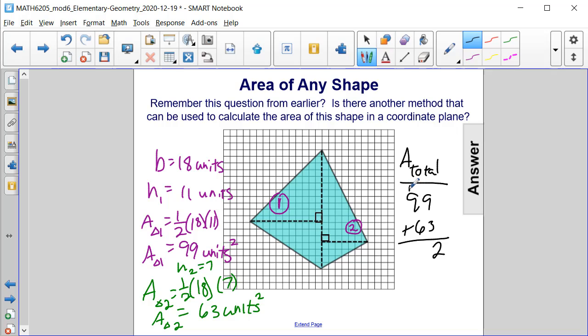And then 10 plus 90 is 100. And 100 plus 60 is 160. So we have 162 square units as the area of this quadrilateral. And this is consistent with the area that we had found earlier.